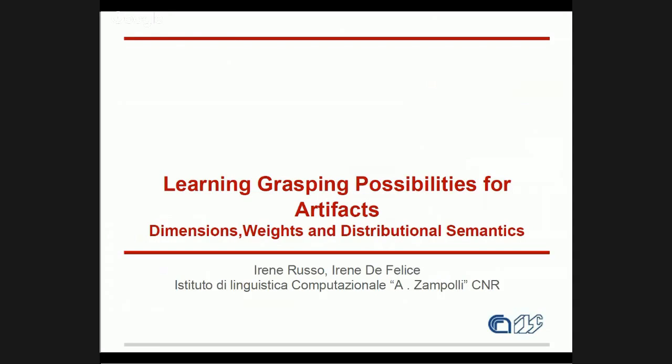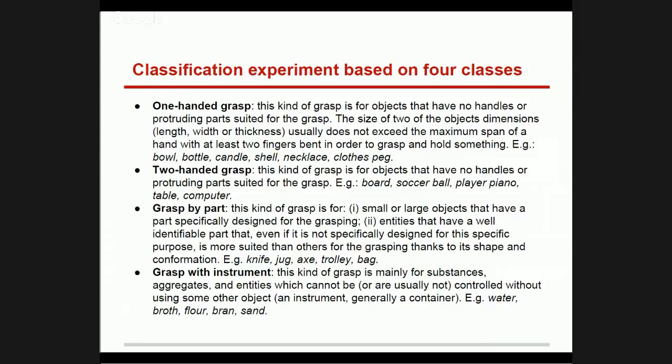Basically, I present a work about basic grasping possibility for action. With grasping possibility, we mean a basic classification about how we can handle objects. We can grasp objects with one hand.